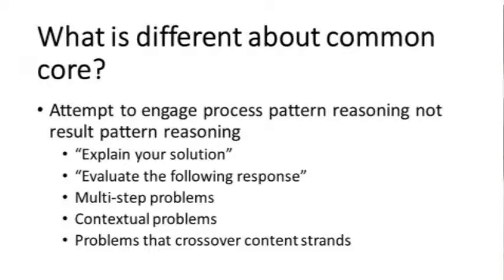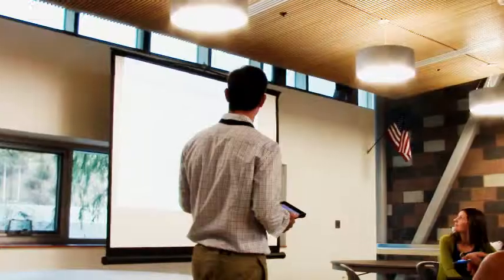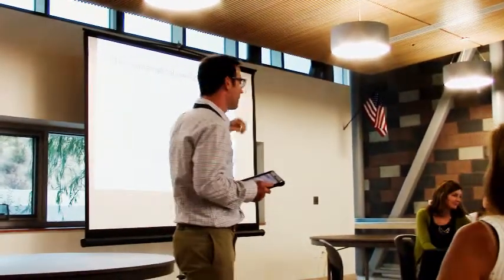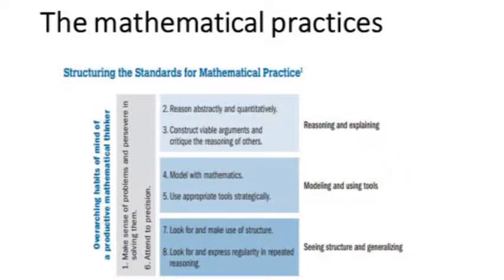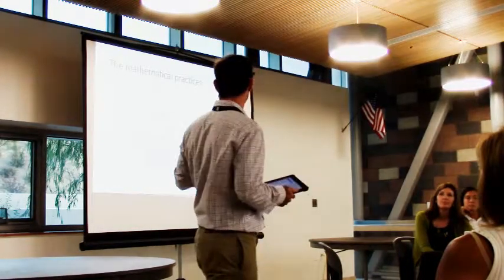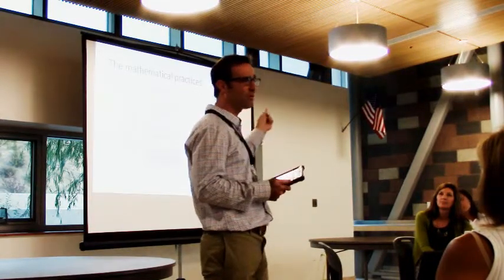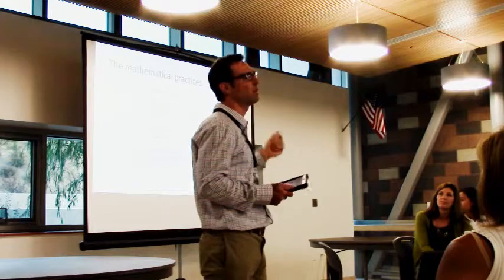The main difference, and this is probably too small for you to see, but you can find this by googling mathematical practices for Common Core. Just to read a few of them: reason abstractly and quantitatively, make sense of problems and persevere in solving them, look for and make use of structure, model with mathematics. These are what we call the mathematical practice standards. There are 8 key mathematical practice standards separated into particular clusters.